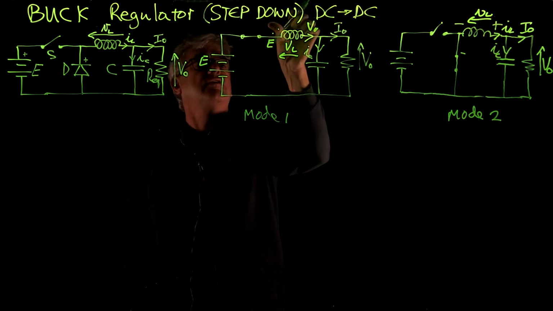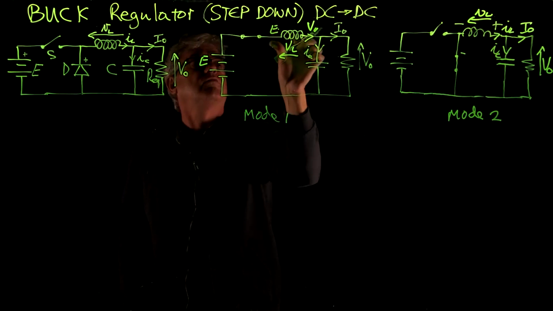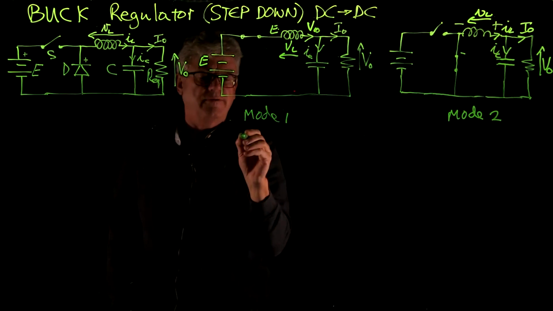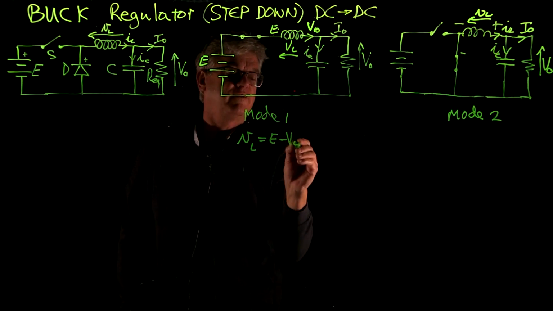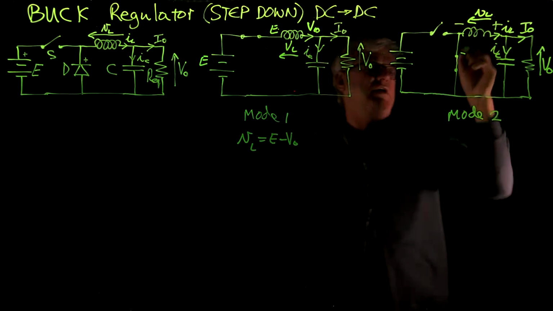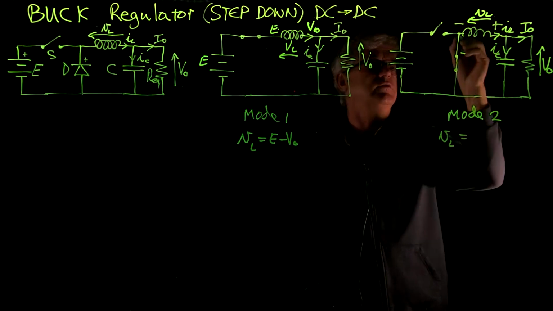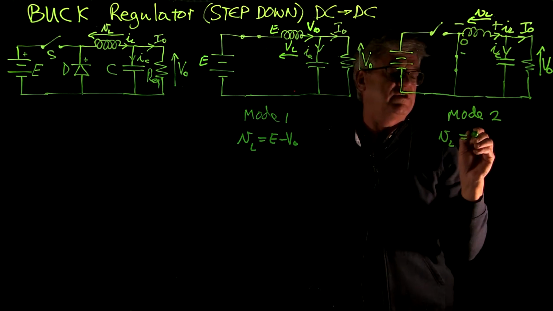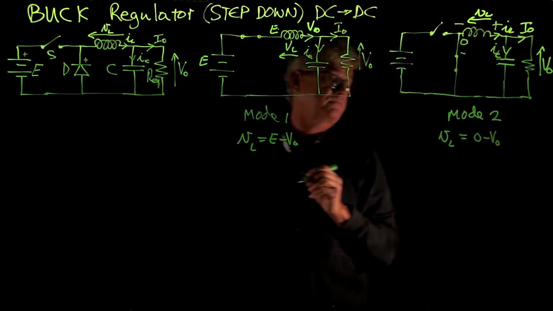So we have E and V out. So in mode 1, VL is equal to E minus V out. And in mode 2, VL is equal to 0, and we still have V out on that side. So it is 0 minus V out.